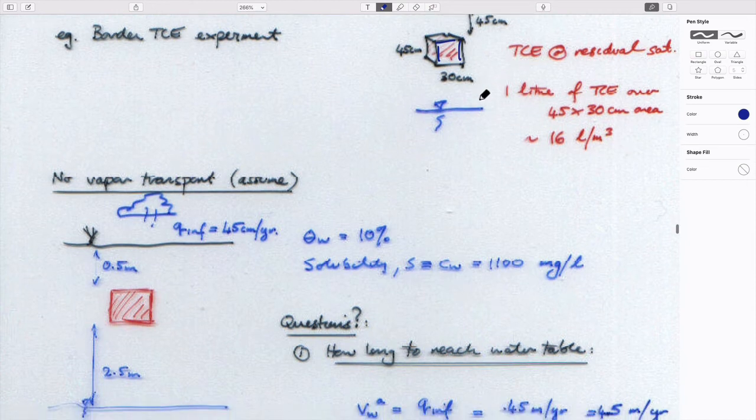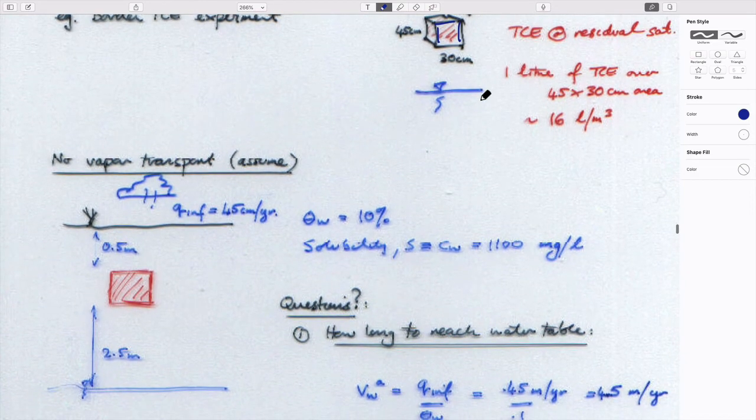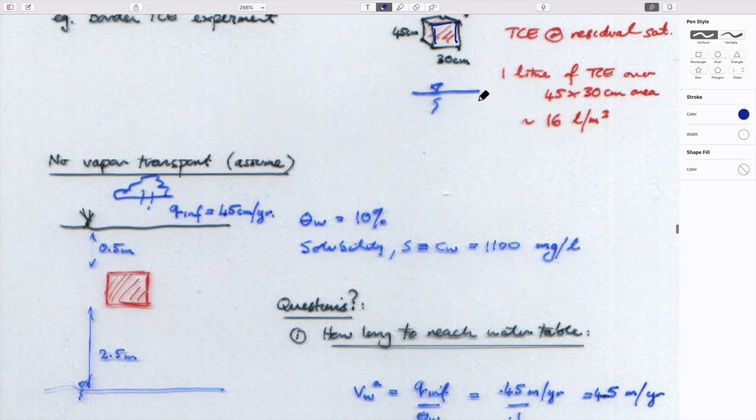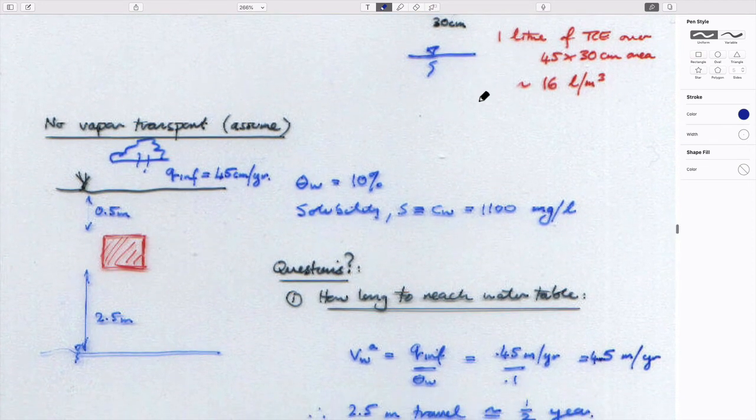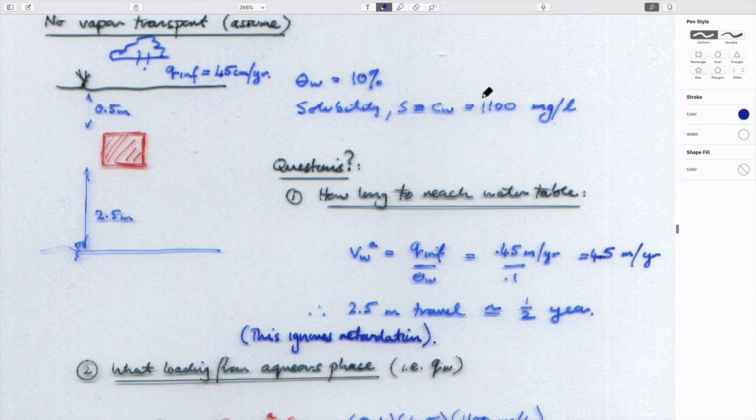And so the two things you might want to calculate: one is how long does it take to get to the water table, and what is the mass loading if it does get to the water table. And so these are just the calculations to be able to do that.